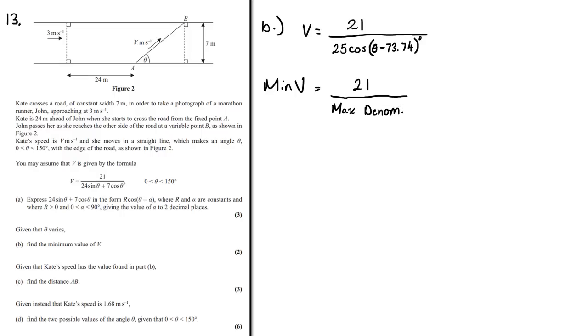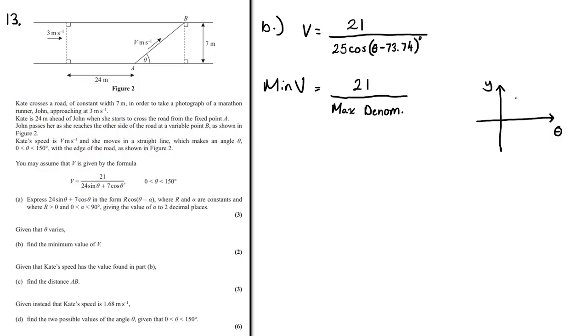So how do we make the denominator as large as possible here? Well, what I've got is 25 times the cosine of this angle. If we think about the cosine function and draw a quick sketch, it doesn't have to be perfect, just so we can see what's happening with cosine, then this axis is theta, and this axis is my y-axis.